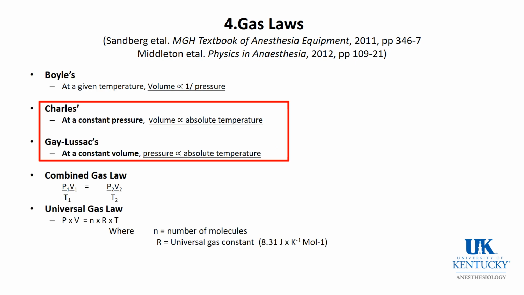But the gas laws you were asked about are the effect of temperature. And Charles' law says at a constant pressure, the volume will change proportional to temperature. Conversely, at a constant volume, the pressure will change proportional to temperature.